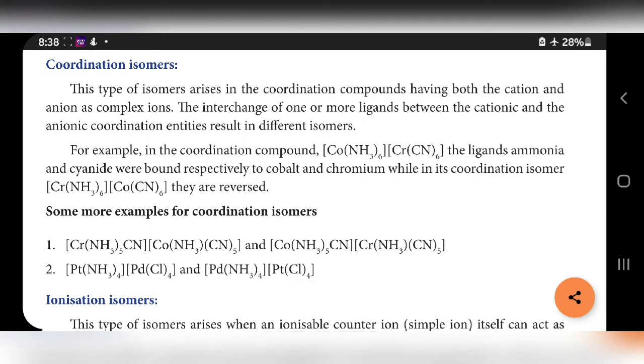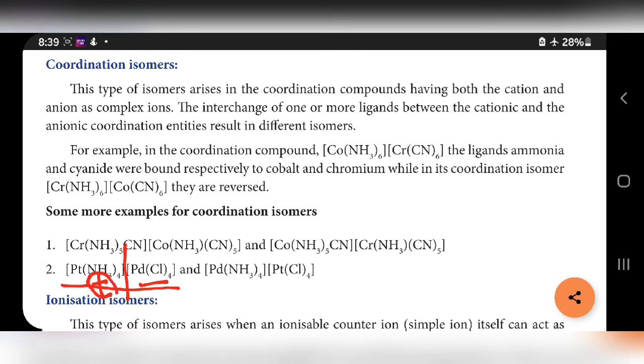Next one, coordination isomers. This type of isomer arises in coordination compounds having both cation and anion as complex ions. See this example. If it is ionized, the first square bracket has a positive charge and the second square bracket has a negative charge.